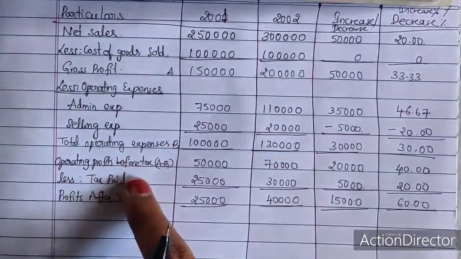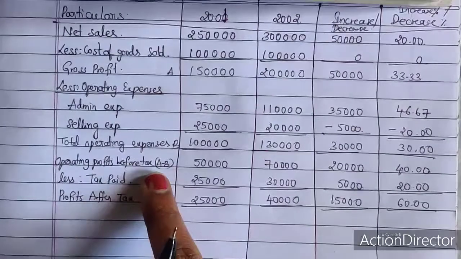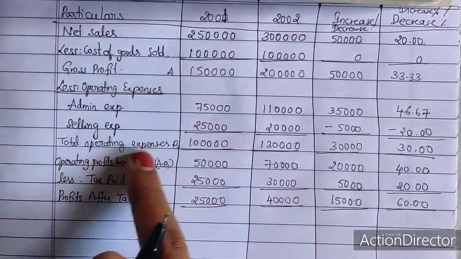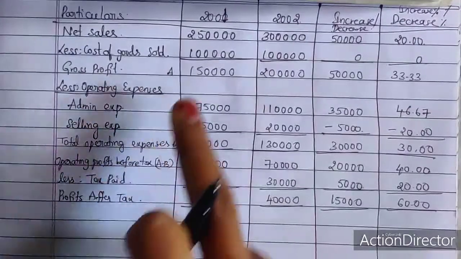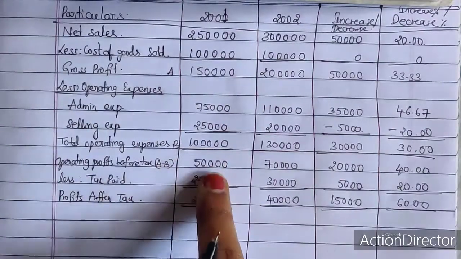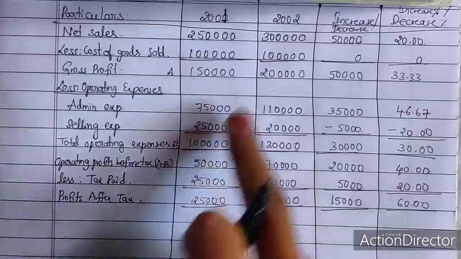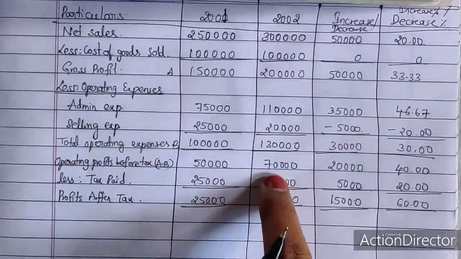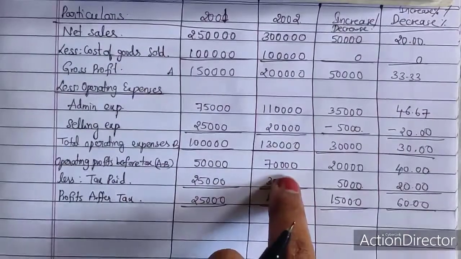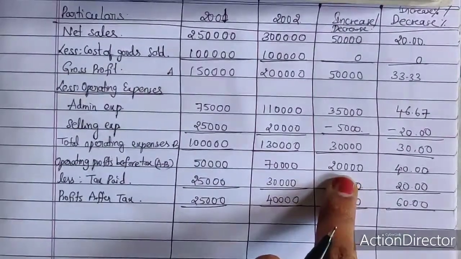So next we need to find out operating profits before tax. So from gross profit we have to less the operating expenses. So 1,50,000 minus 1 lakh, which gives 50,000. 2 lakhs minus 1,30,000, which gives us 70,000. So here also we have an increment, that is 20,000.